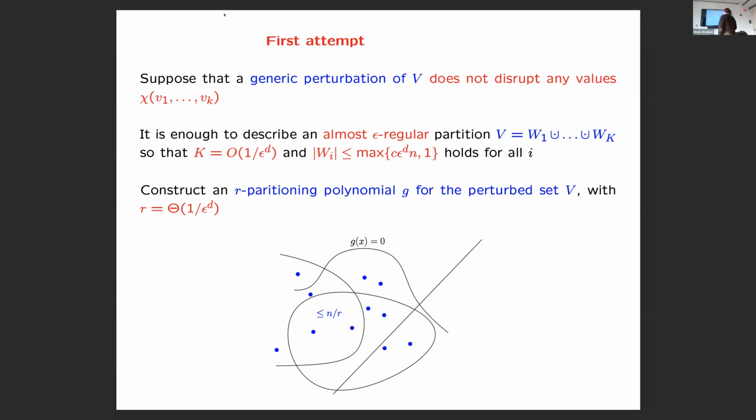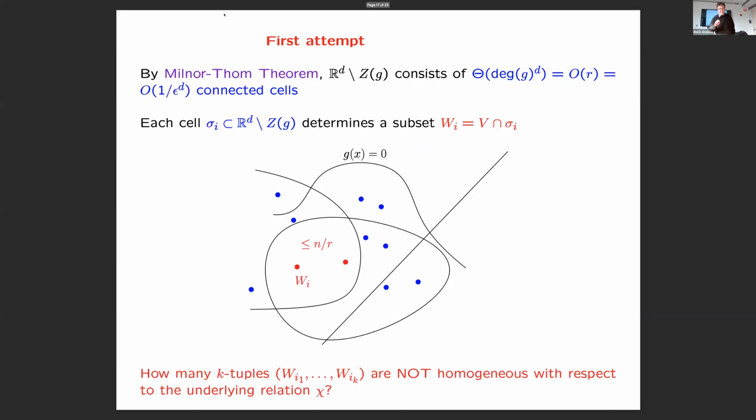And so let's take the partitioning polynomial, where, not surprisingly, r is going to be 1 over epsilon to the d. And of course, the partitioning polynomial's degree is of order 1 over epsilon.